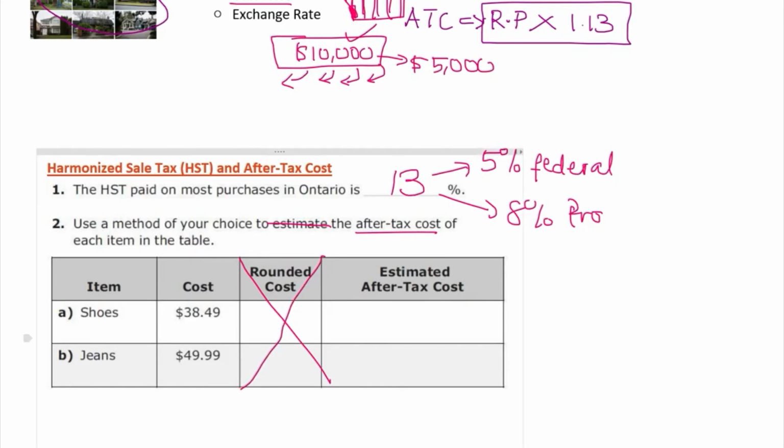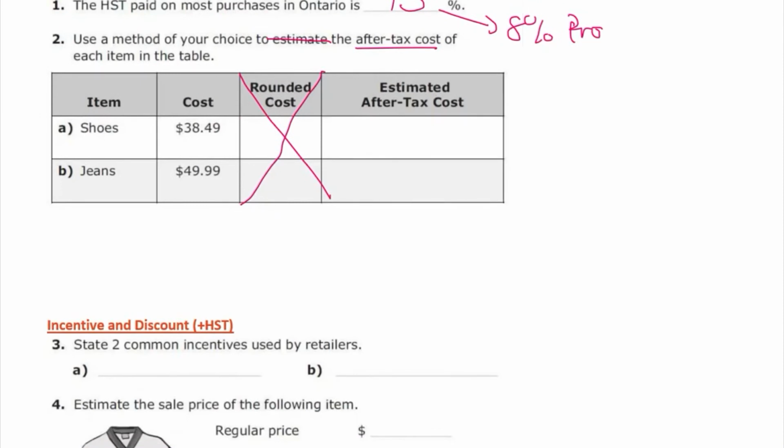What we're going to focus on mainly is going from the cost to after tax. Don't forget that if the cost is a regular price for the shoe, in this case $38.49, the regular price is what you see on the tag on that particular shoe.